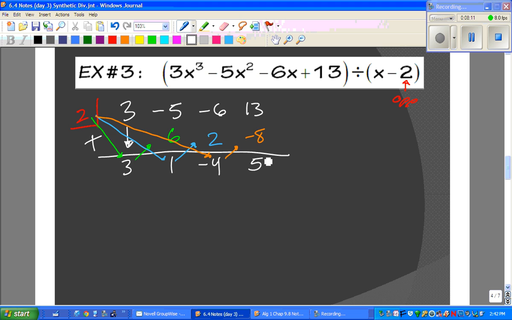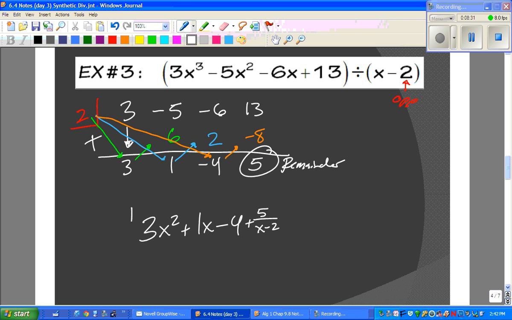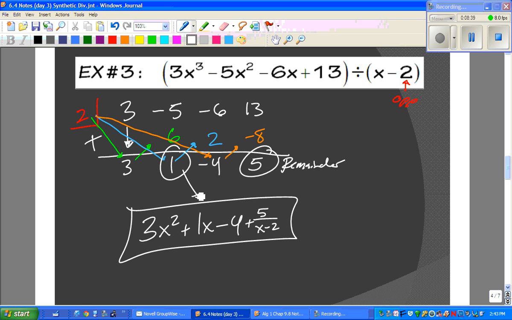And then 13 minus 8 is 5. And that, once again, is the remainder. So when you write your final answer, it's 3x squared plus 1x minus 4 plus 5 over x minus 2. Remember, you do not need to have that 1 there, but we're just emphasizing that this 1 actually has a spot.